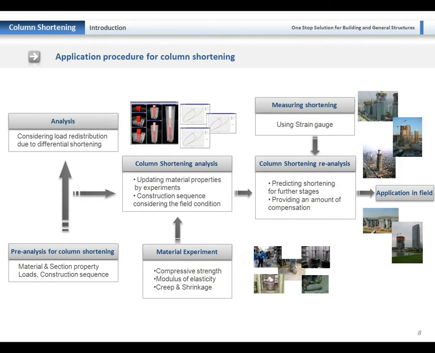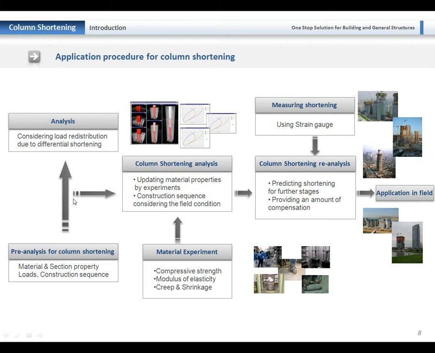This will be the procedure when we do the column shortening analysis. Firstly, we use certain material, section property and loading data, assumed at the beginning of the construction.